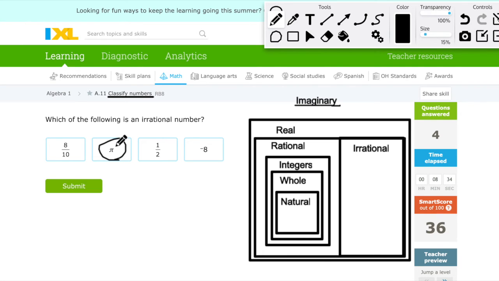We can't write that as a fraction or as a ratio. 8/10, obviously already a fraction. 1/2, obviously already a fraction. -8, we could do something like this. Call that a fraction. You could even do like -16 over 2, and that would be the same thing. So we could represent that value that way. So these three, rational, the one circled, the pi, is irrational.